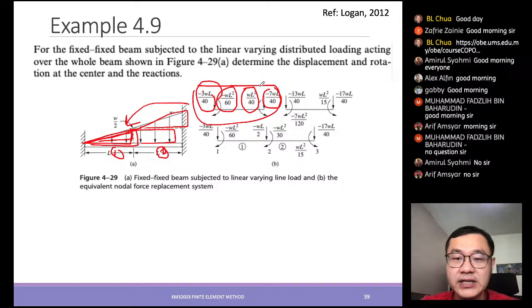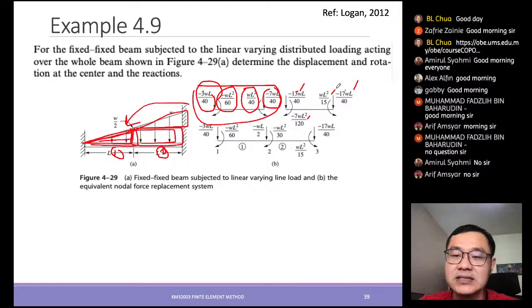The only difference is that this is the uniform part. So if you intend to derive it, you can try to add them up. Eventually we get 13 and 17, as well as for the moment itself, it would be 7 divided by 120, and this one will be divided by 15, for this particular side.